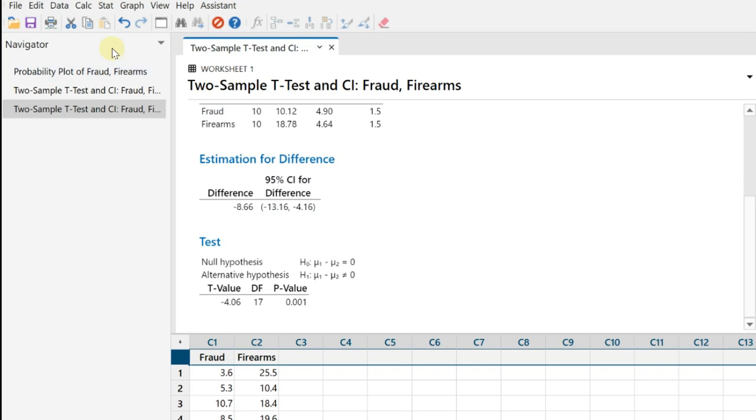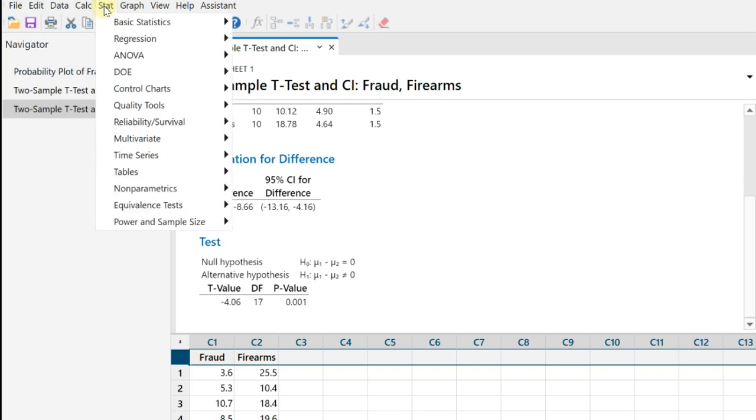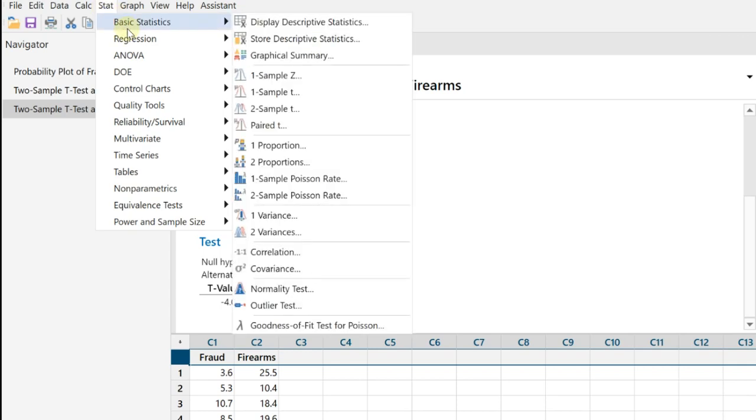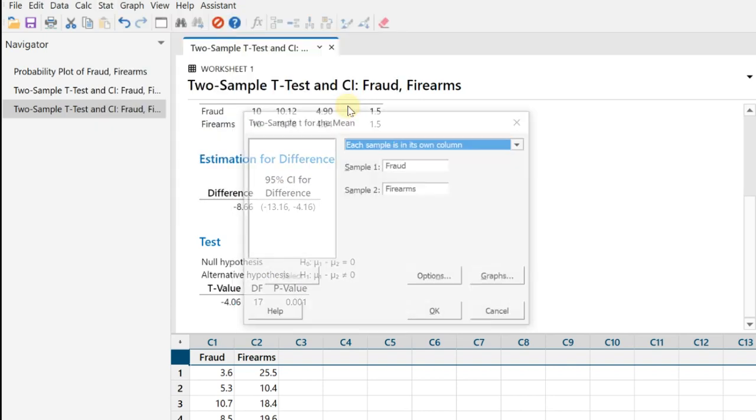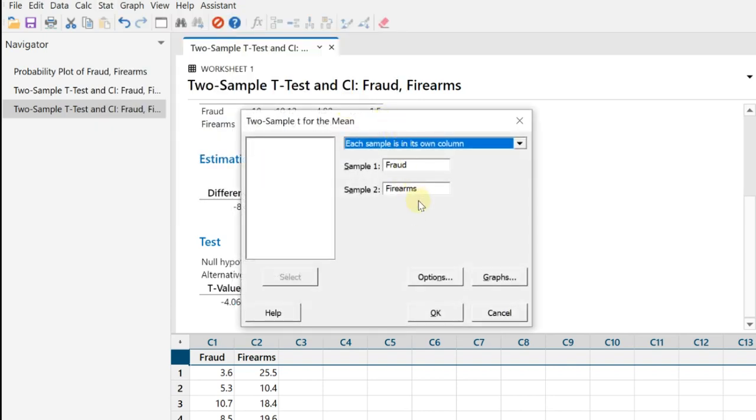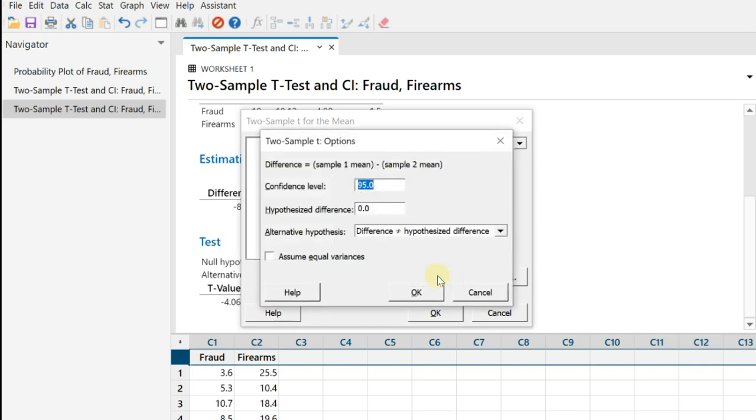Okay, and let's rerun this assuming equal variances or deviations. You go to Basic Stat, 2-sample, just like what we did a moment ago. Same variables. In the options, there you have it. You see that? Assume equal variances.